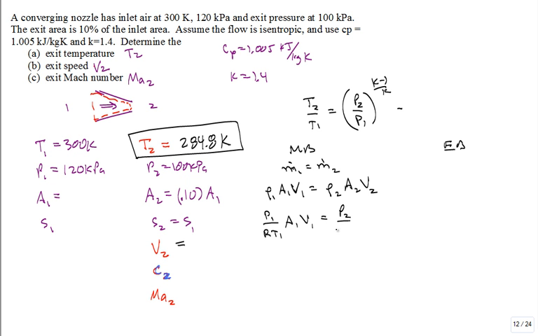Pressure over RT2. I can cancel the R's on both sides. And now I finally get an equation. It looks reasonable. Maybe I'll do it like this: V1 is equal to V2 times P2 over P1 times A2 over A1 times T1 over T2.